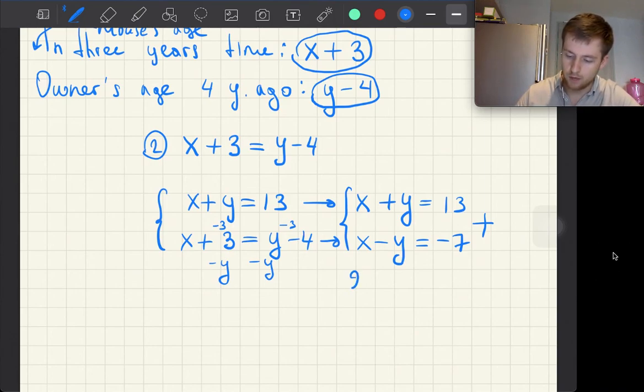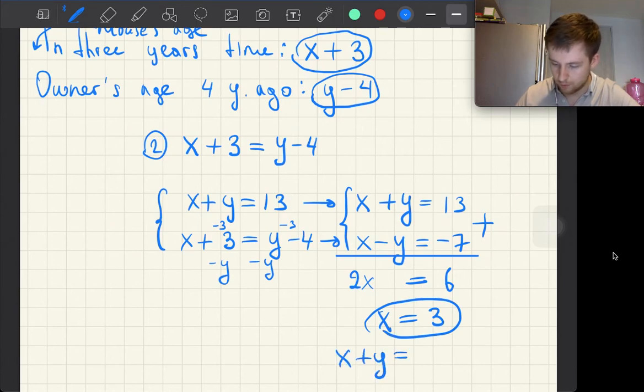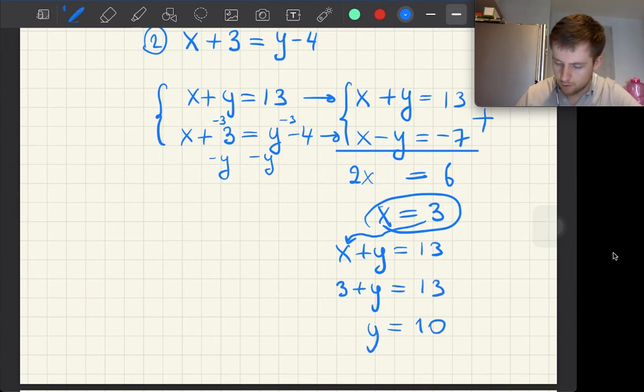So we're going to have 2x, y minus y equals 0. So 13 plus minus 7 equals 6. So 2x equals 6. That means that x equals 3. We know that x plus y equals 13. If we plug in 3 into this equation, we get 3 plus y equals 13, which means that y is equal to 10.